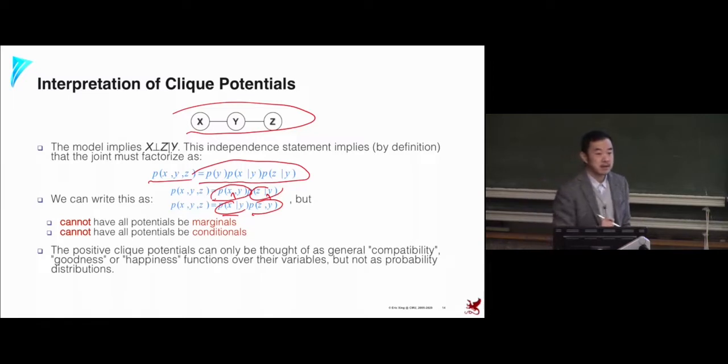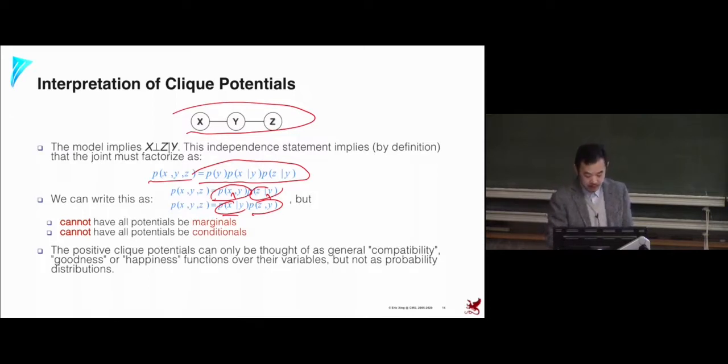You basically cannot claim that a potential is either a joint or a conditional, or marginal, right? So that already implies the difficulty of attributing a single universal probabilistic definition to the potential function, and therefore people just forget about it. Let's forget about the probabilistic interpretations of the potential.